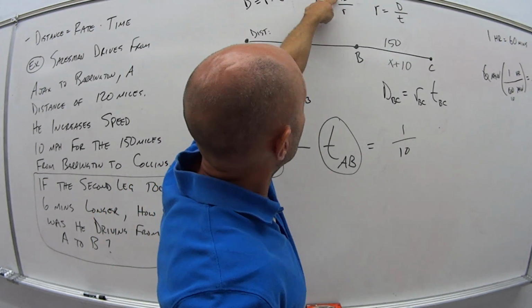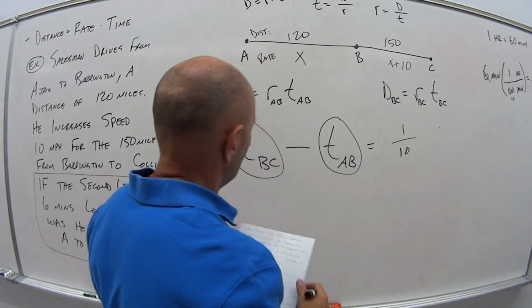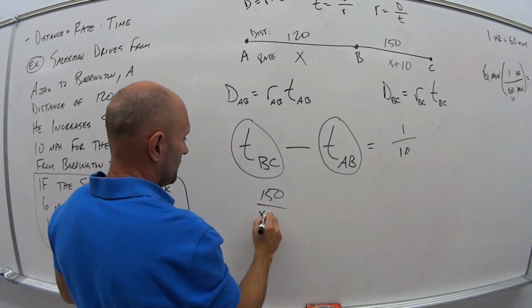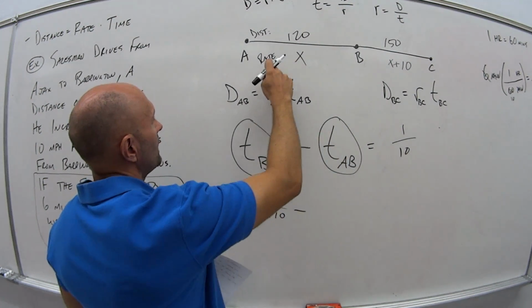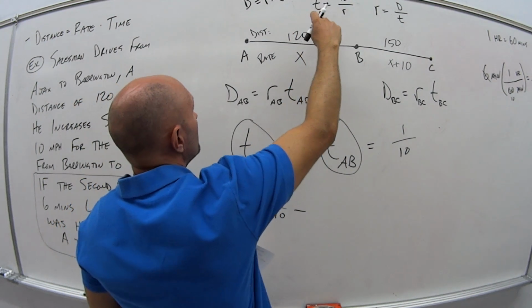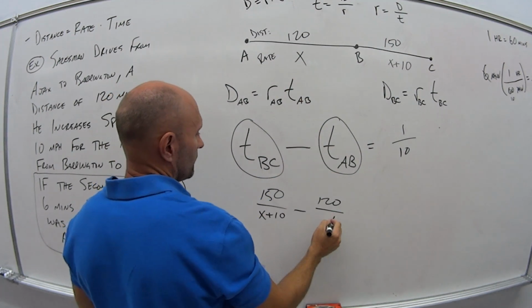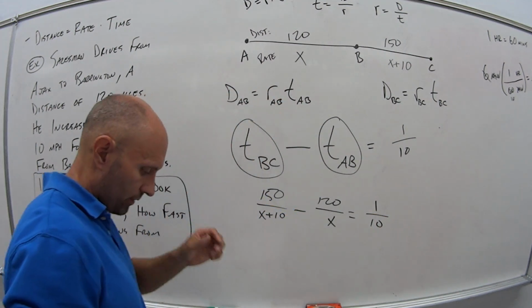Well, that's distance over rate. So from B to C, I have the distance is 150 over the rate, x plus 10, minus the time from AB, which is distance, 120, over x, and again, this all equals 1/10.